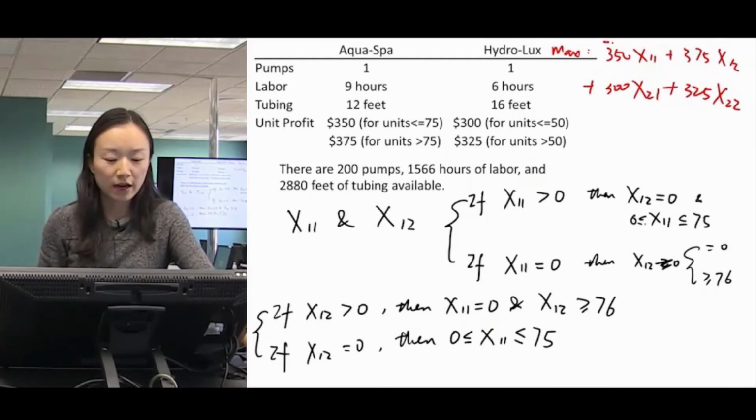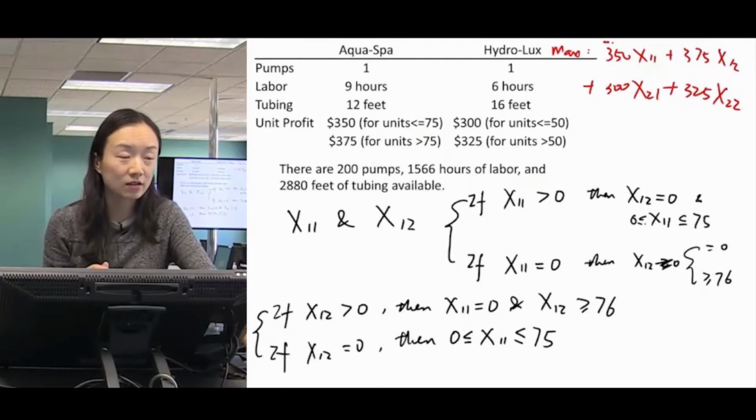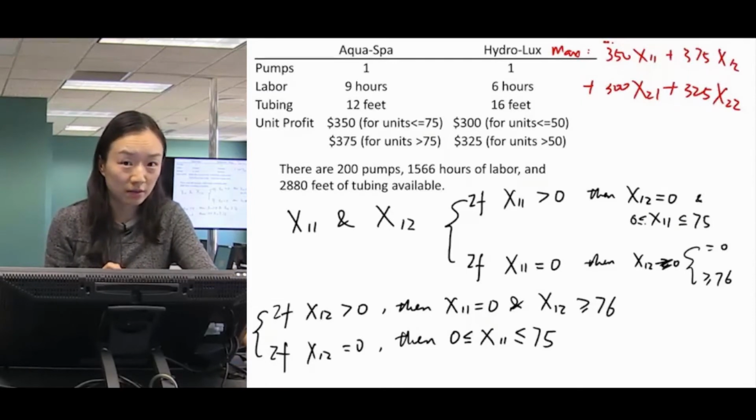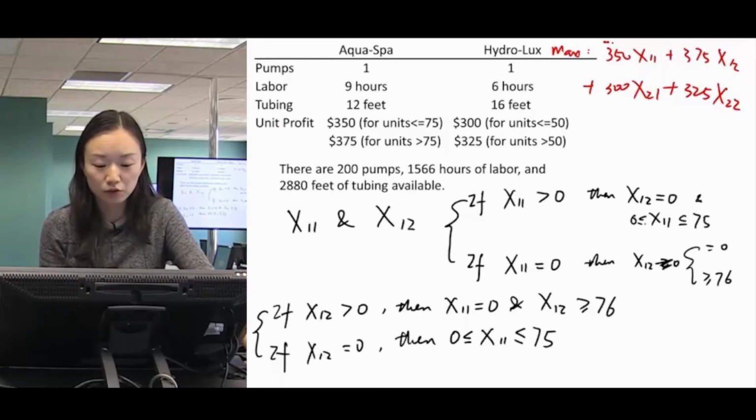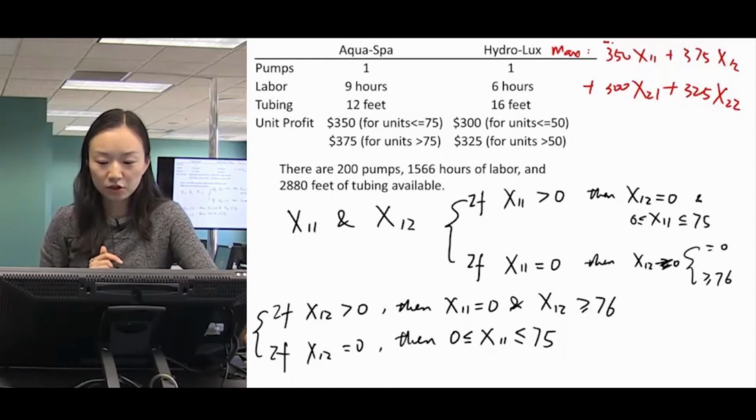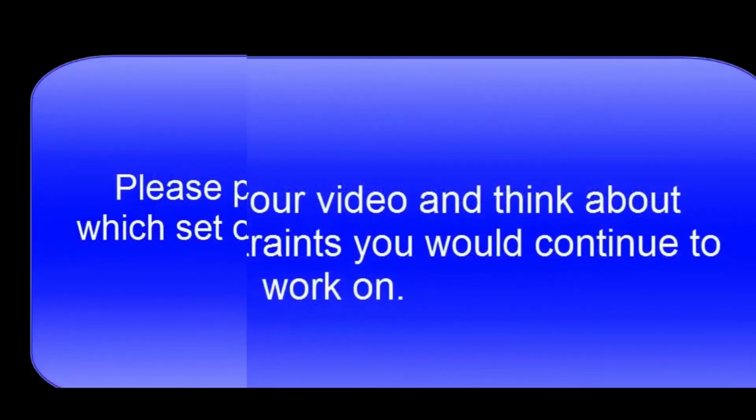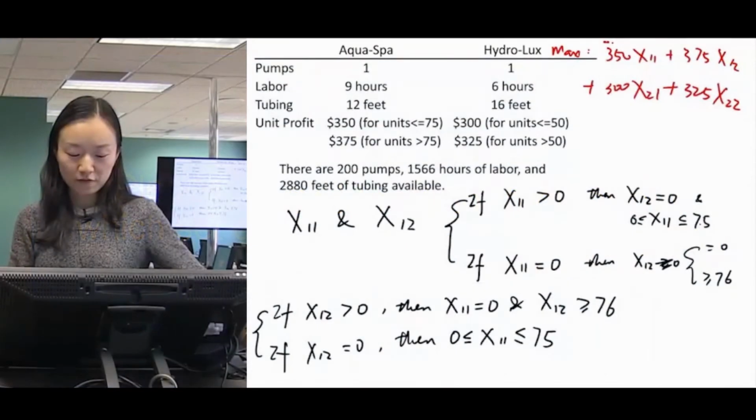Okay, then look at these two sets of logical statements and see which one you prefer to work with. Just take a brief look. I would prefer the second one too.